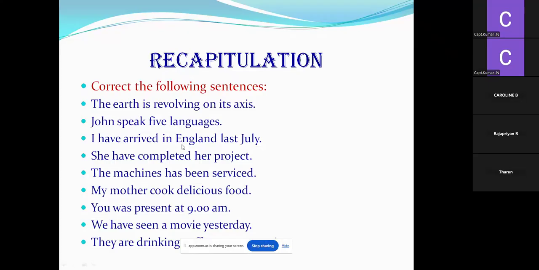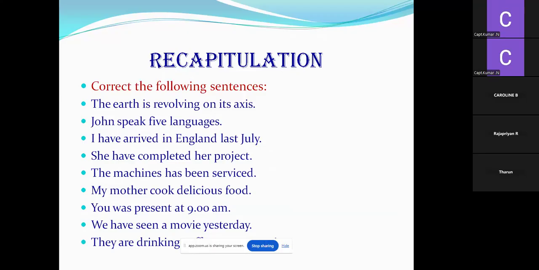Let's see the fourth one. She have completed her project. Can you identify the error? The sentence talks about a past activity and it is not telling the time. So what tense is it? It is present perfect tense.